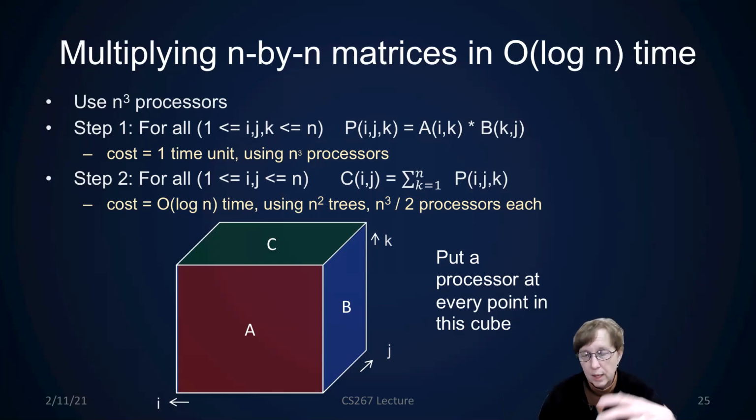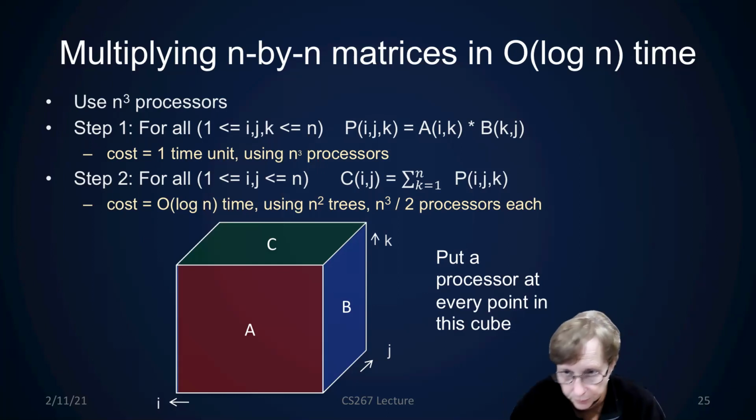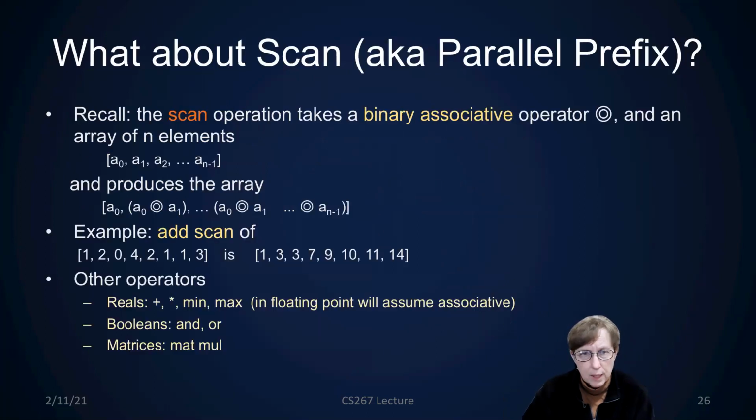You still need a bunch of processors in each one of the columns to add those up in logarithmic time, so you'll have n cubed over 2 processors. The processors use pairs of elements to do the addition in the reduction.